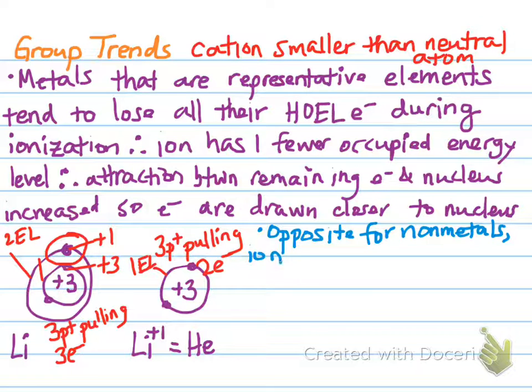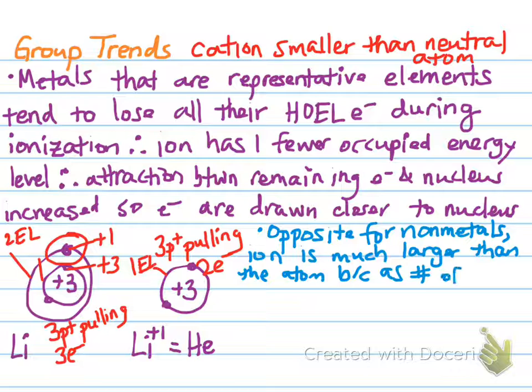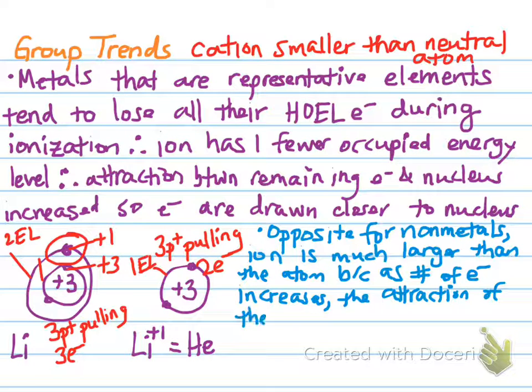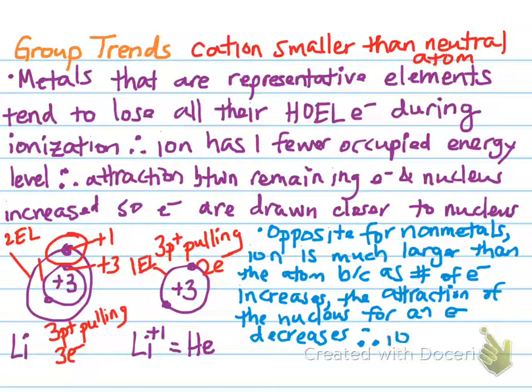The ion is much larger than the atom because as the number of electrons increases, the attraction of the nucleus for any electron decreases. Therefore, the ions are larger.